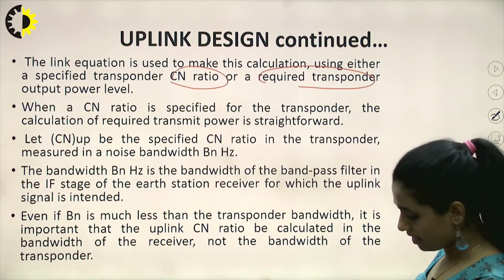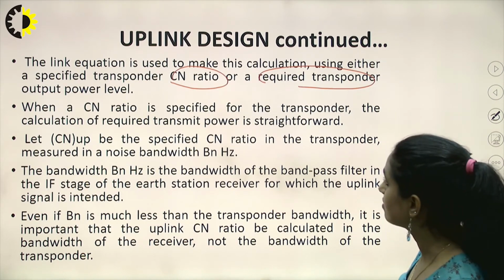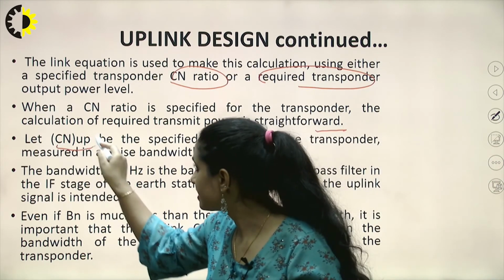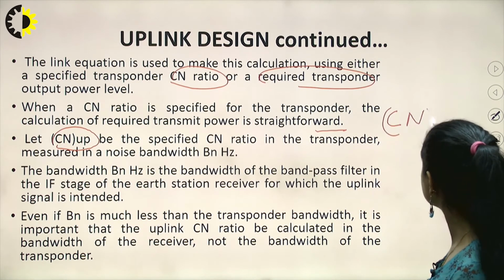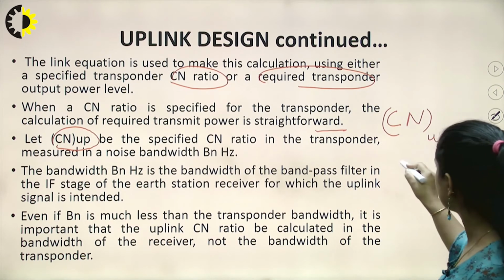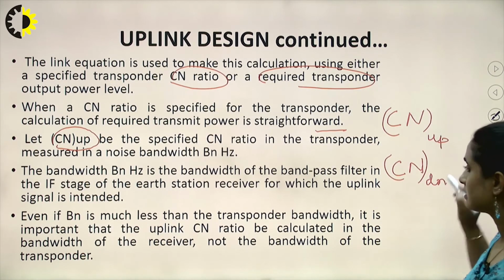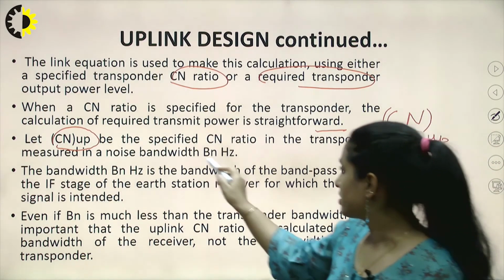When a C/N ratio is specified for the transponder, the calculation of required transmit power is straightforward. Let us write it as C/N. For uplink, we will write it with subscript up, and for downlink, we might write it like this, measured in noise bandwidth Bn.